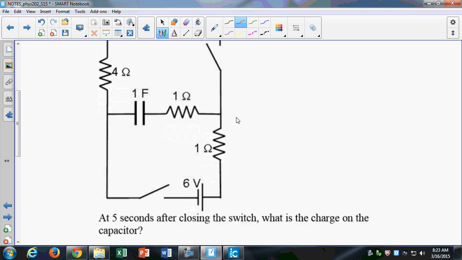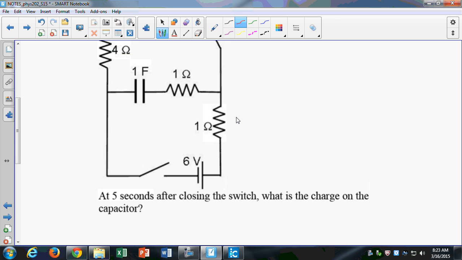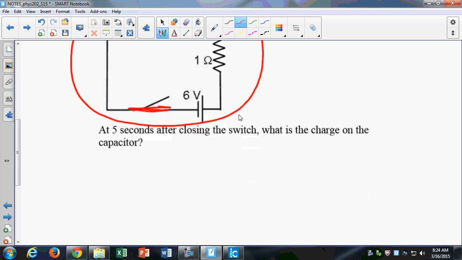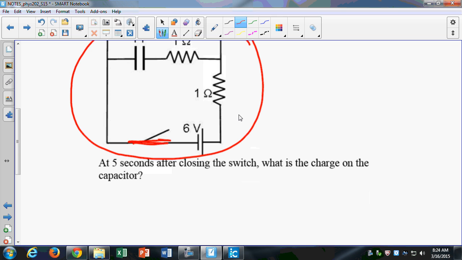So here I want to first ask, after 5 seconds after closing the switch, what is the charge on that capacitor? I'm really only considering this part of the circuit for the first part because the top part's not even open. So the charge is going to equal Q max times 1 minus e to the minus t over RC.